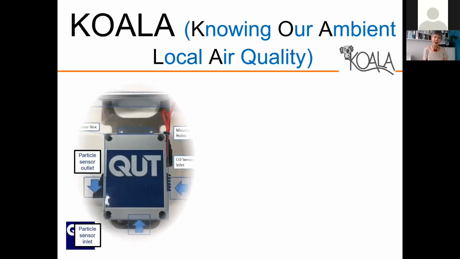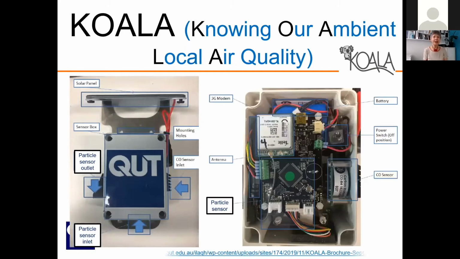So, reintroducing the koala. You've heard that the abbreviation for this monitor is KOALA, Knowing Our Ambient Local Air quality. I hope that everybody has seen the koalas hanging in your school. Air gets into the koala from two directions, and then it goes to the sensors, a CO2 sensor and a particle sensor.